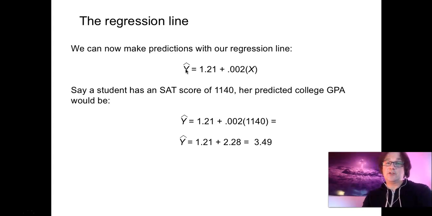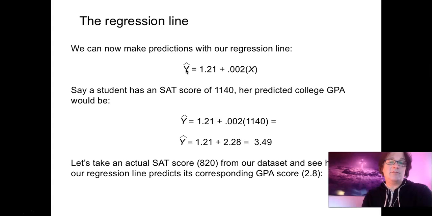We don't know if that's a good prediction or not, right? But that's what our model says. This is the result that we get. This is our predicted result. So let's take an actual X score. In this case, an SAT score of 820 from our previous example.